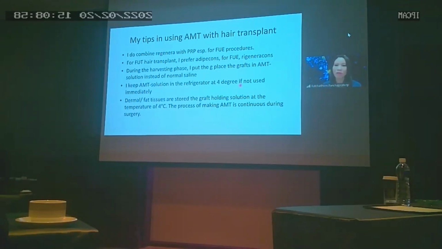But if you use it immediately, if you get the tissue from the FUT transplantation, you get all of the dermis and fat tissue ready to do the process. Please keep it at a temperature of about 4 Celsius before you make the AMT solution during the process.